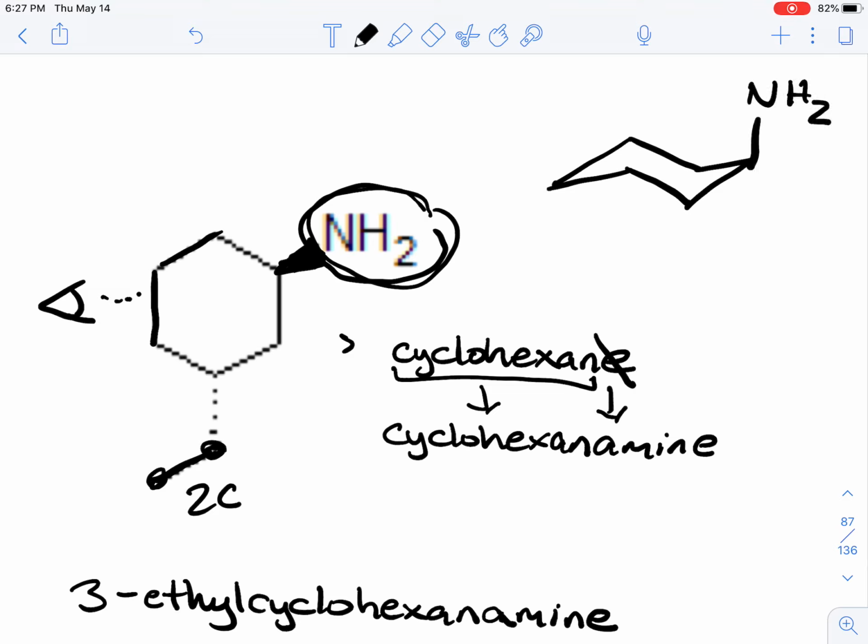Notice that it is pointing up, and it is 1, 2 carbons away from the ethyl group. And this ethyl group, since it has a dashed line, is pointing down. Okay, so that's my ethyl group right there.